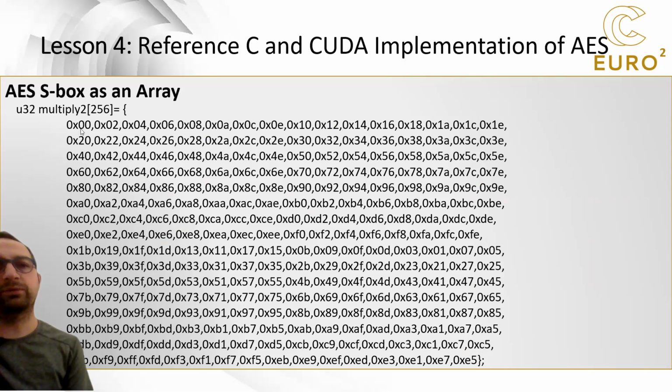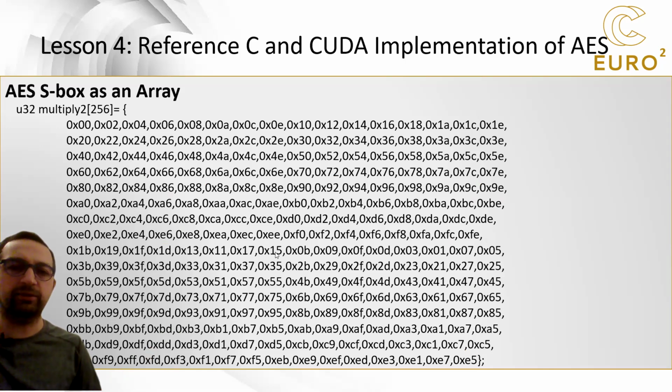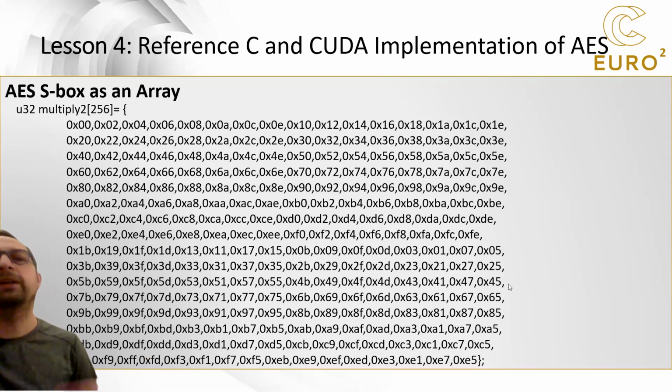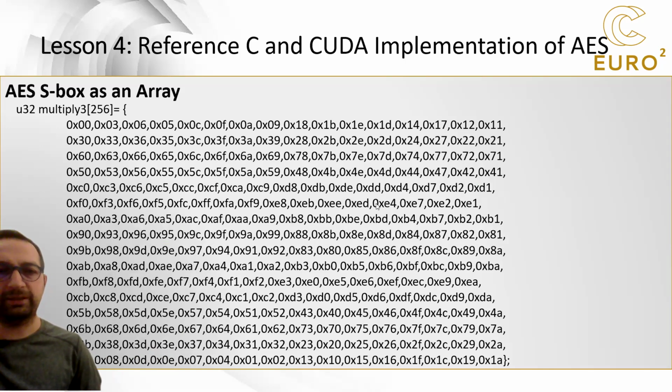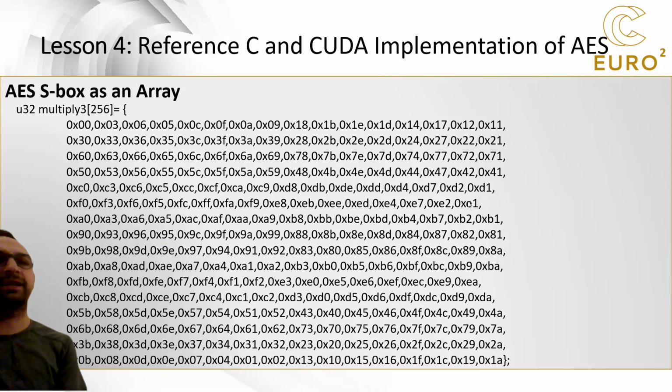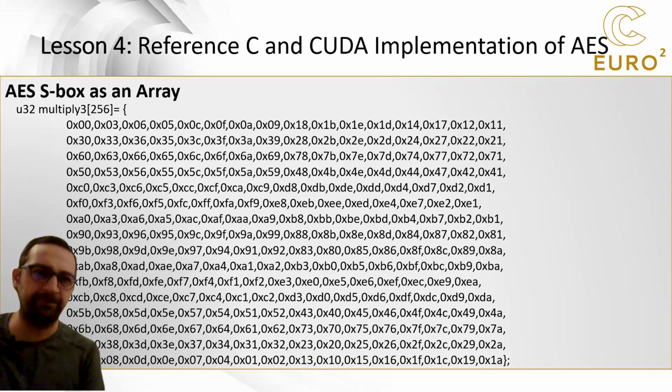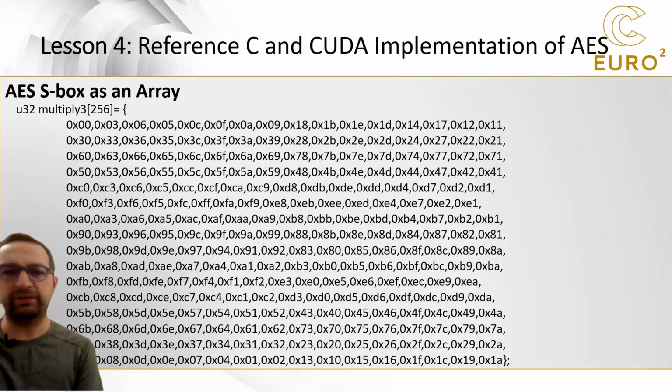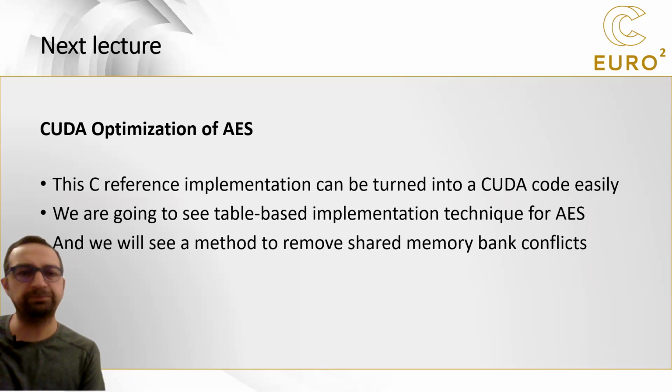For instance, if you multiply 0 with 2, you get 0, but if it is 1, you get 2, etc. But once the values increase, we also do the polynomial reduction and obtain the results like this. So instead of doing the Galois field operations, you can simply turn this multiplication into a table lookup. Similarly, you can do the same thing for multiplication by 3. So you end up with another table. So this is just array values in a C or CUDA implementation.